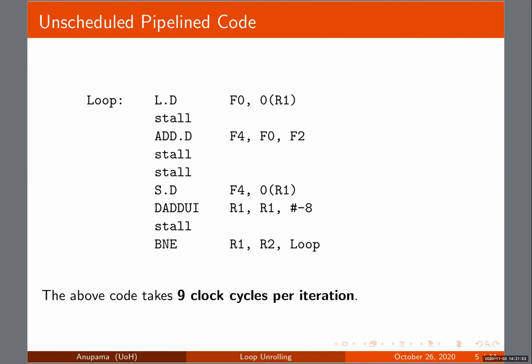Okay. So then the above code takes 9 clock cycles for one iteration.